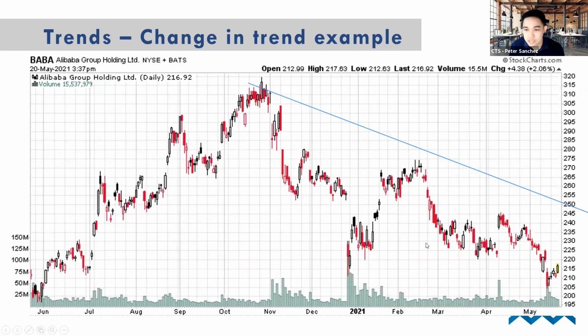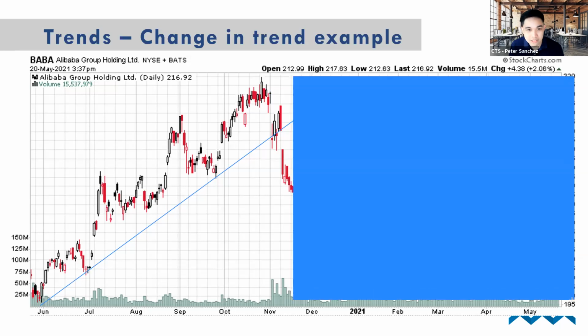Okay. Same example, Alibaba, uptrend siya nung June hanggang November. Kung hindi natin alam yung time na to, and it broke your trend line, nag-gap down pa eh. Same logic, hindi natin alam kung nababago na siya ng trend.